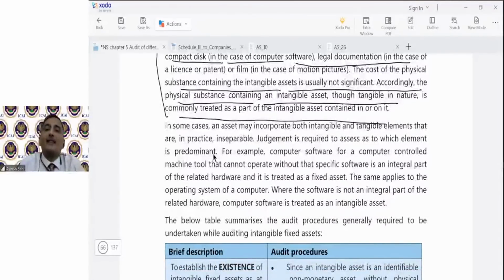In some cases, an asset may incorporate both intangible and tangible elements. If it has both such elements, then judgment is required to assess which element is predominant.